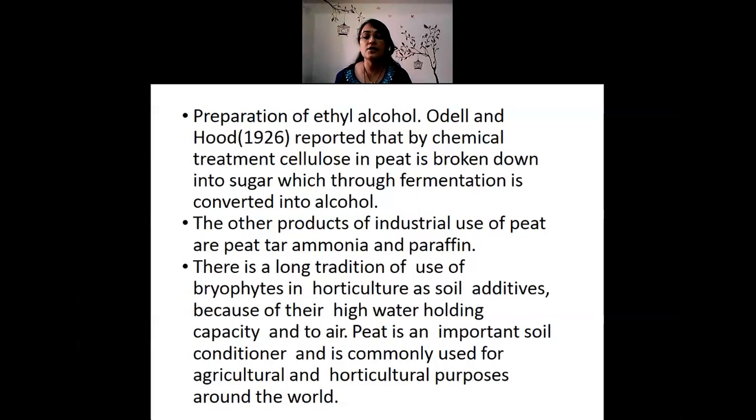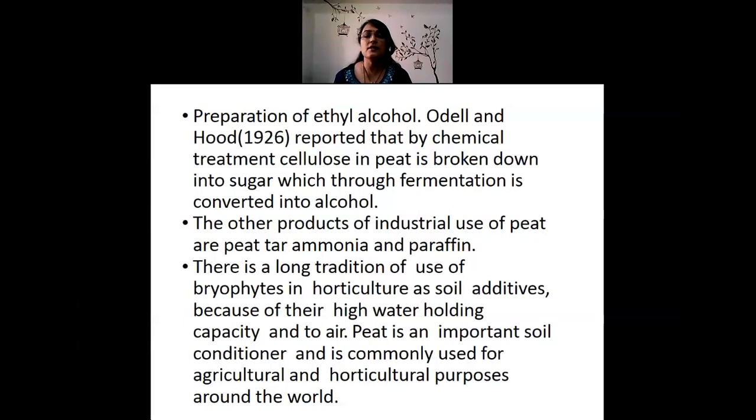There is a long traditional use of peat in agriculture and horticulture, especially in horticulture, as a soil additive, because it has high water holding capacity and absorbs moisture from the air, useful for plants which are potted and grown as hangings.